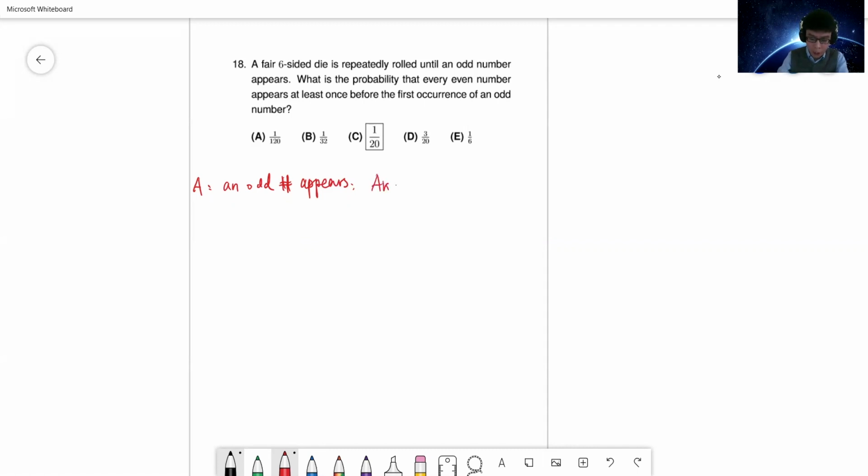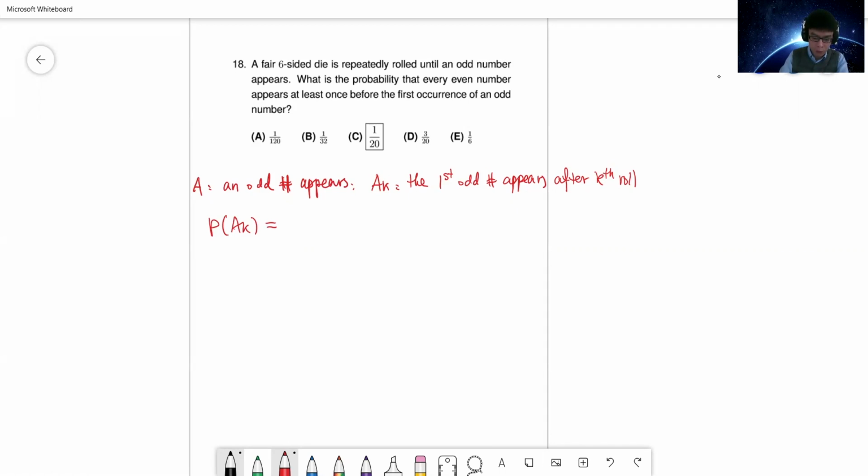Let me denote A_k to be the event that the first odd number appears after the kth roll. The probability of A_k is that all the previous k minus 1 rolls are even numbers, and the kth roll is an odd number.